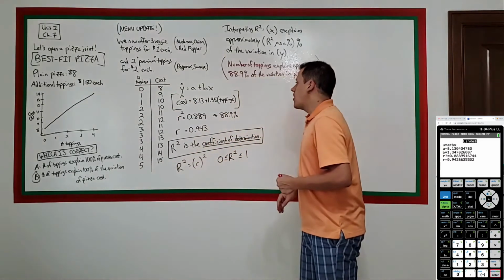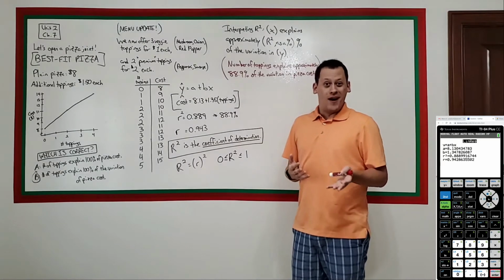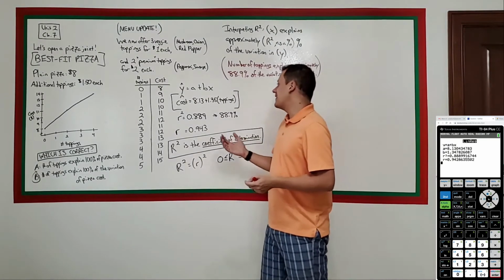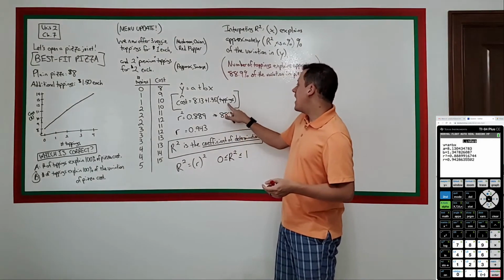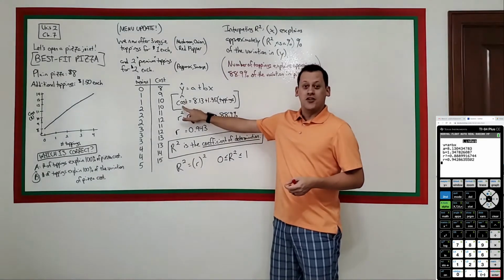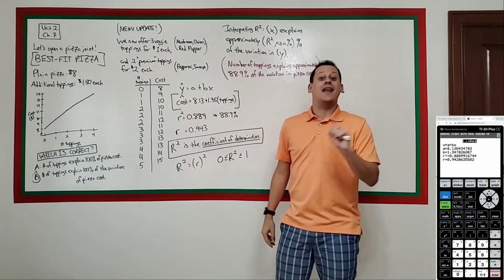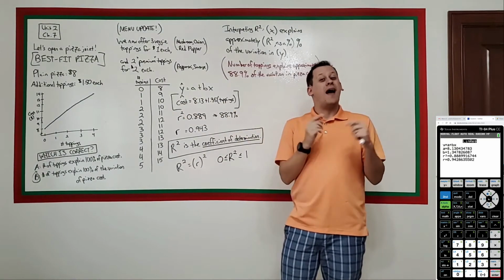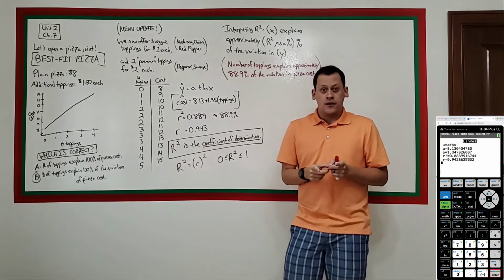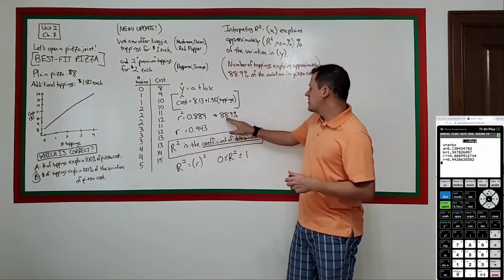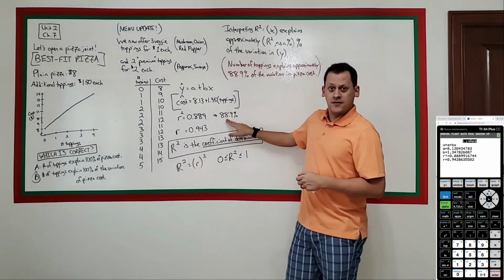So you might be tempted by a problem to try and solve for toppings given cost using this equation. You cannot do that. That's called back solving, and it's bad. And it's even worse the lower this value is.